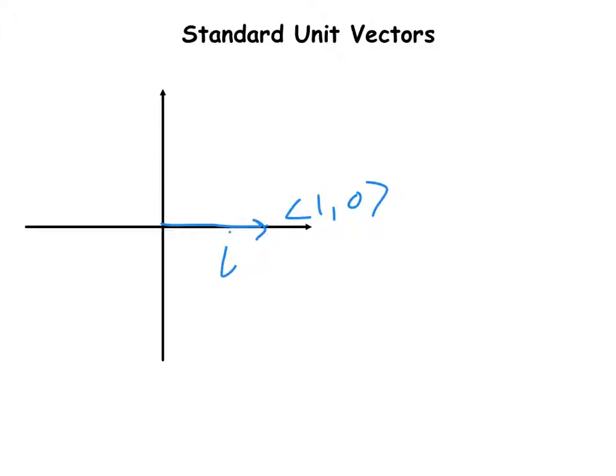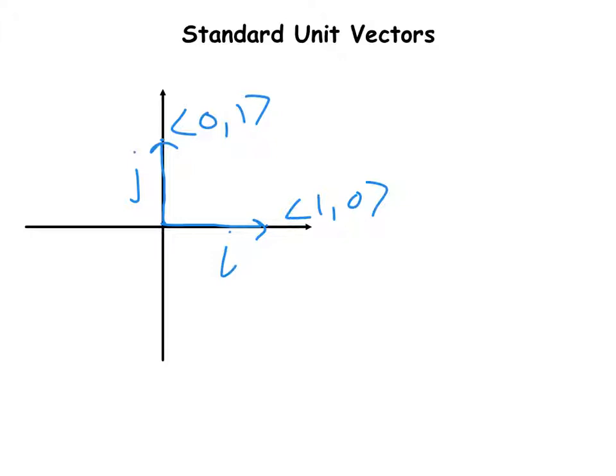Not talking complex numbers, not square roots of negatives, we're talking vectors. And there's another one going vertically, at 0, 1. That standard unit vector is called j.